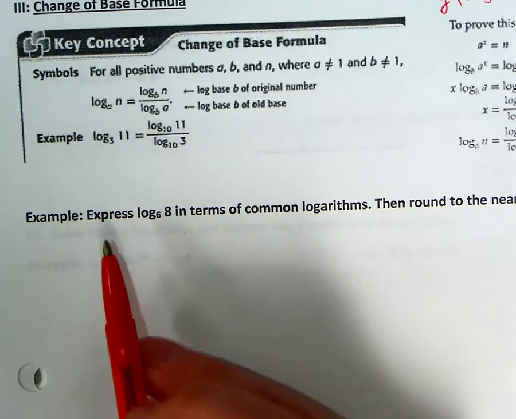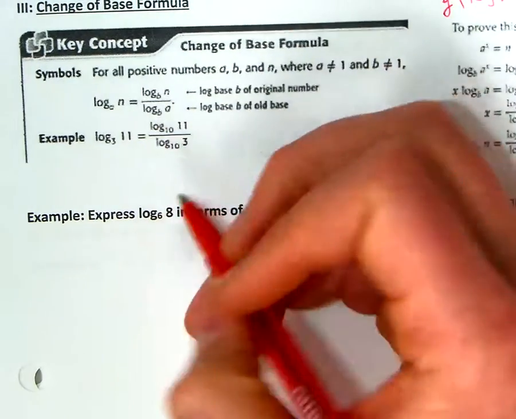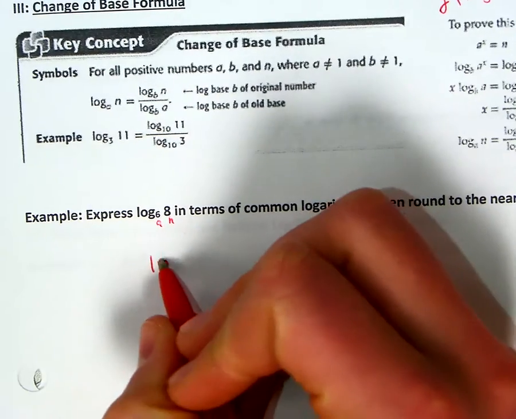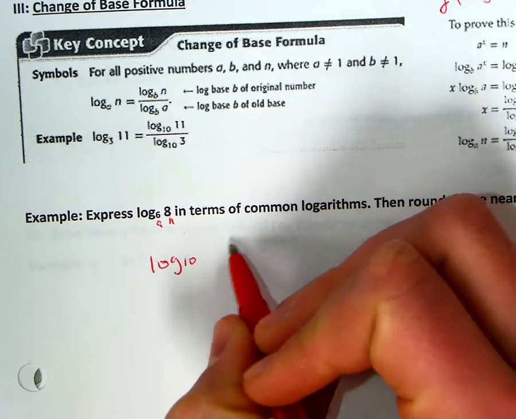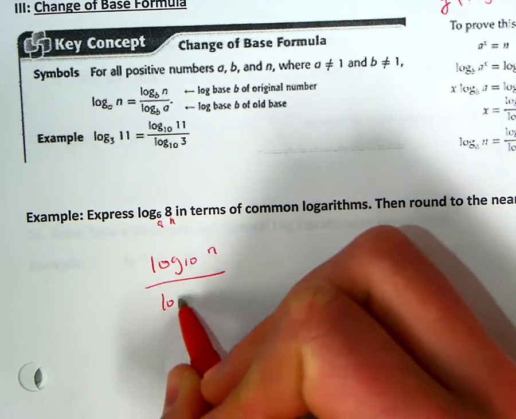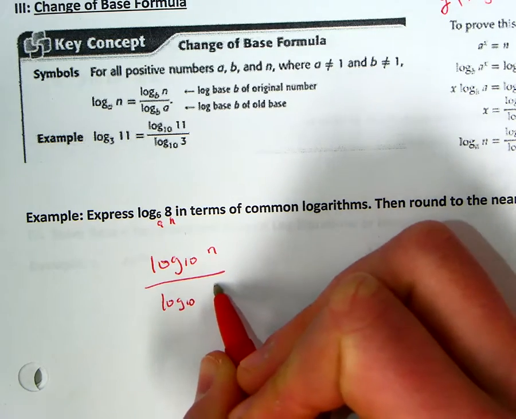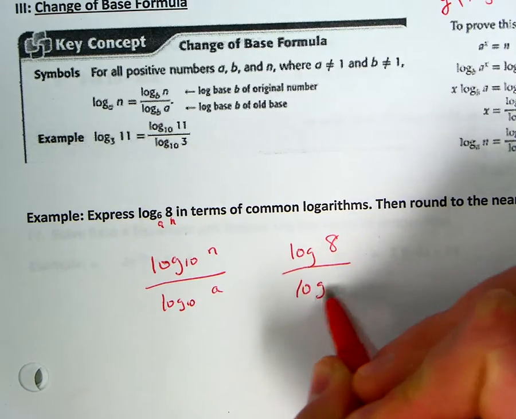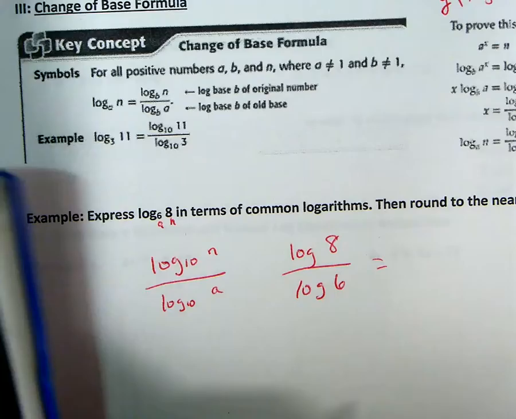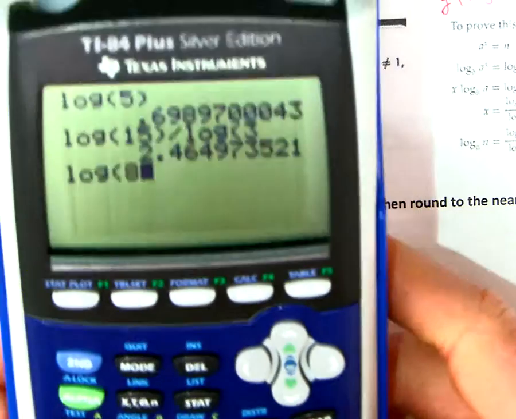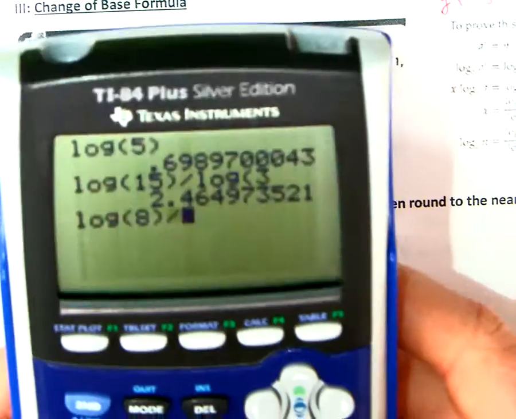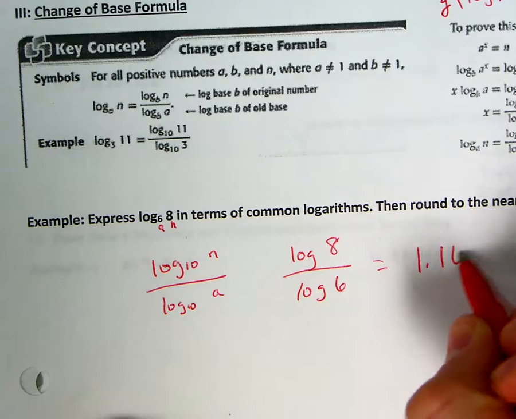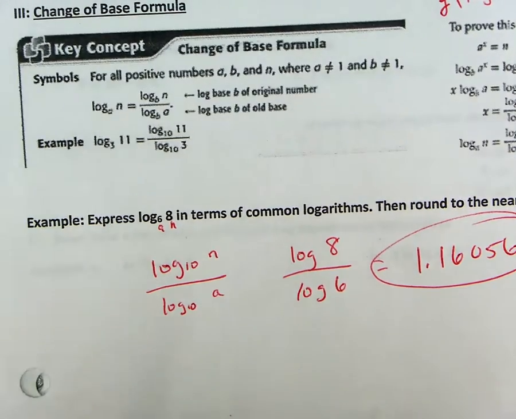The formula just states that the little number is a, this number is n, and you're going to have log base 10 of n over log base 10 of a. So for us, that's log 8 over log 6, which if you plug into your calculator, log 8 divided by log 6, you get 1.16056, and that is your answer.